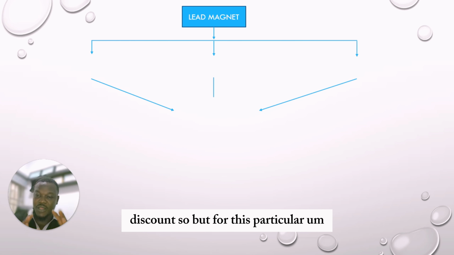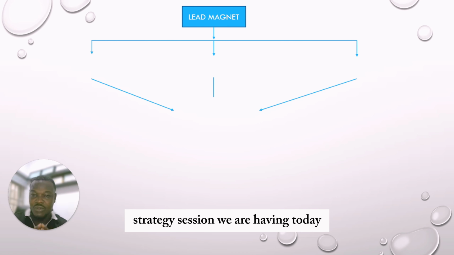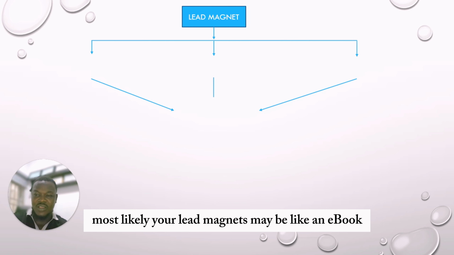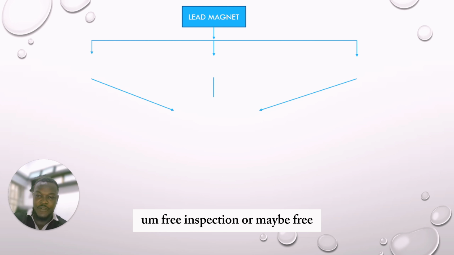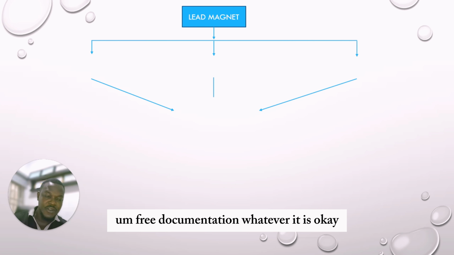So for this particular strategy session we are having today, this is for real estate and realtors. When it comes to real estate, most likely your lead magnet may be an ebook, a free inspection, or maybe free documentation, whatever it is.